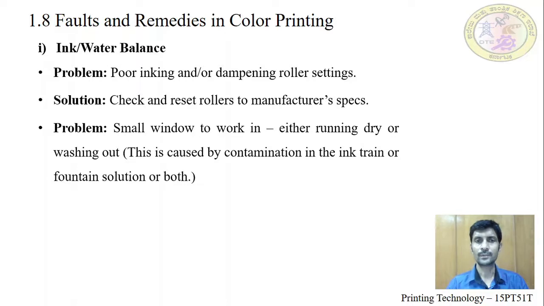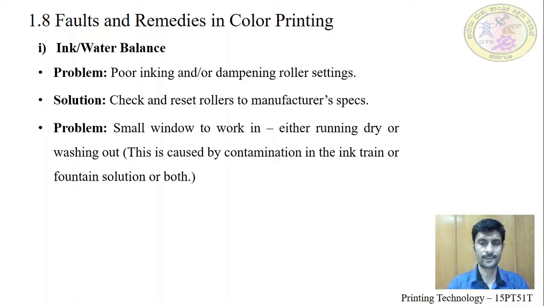Next, small window to work in, either running dry or washing out. This may cause contamination in the ink train or the fountain solution or both, due to impurities of the ink or fibrous materials or other contaminating materials obtained during the press running, from the paper or substrates, that stick onto the ink train or ink rollers.